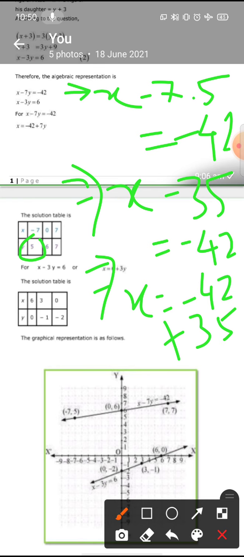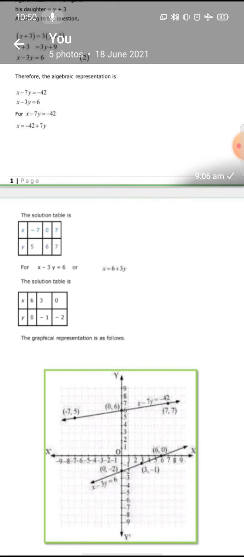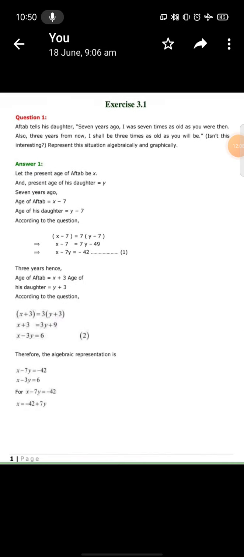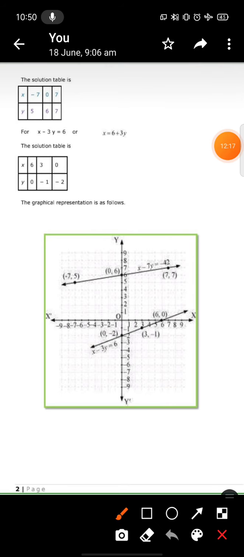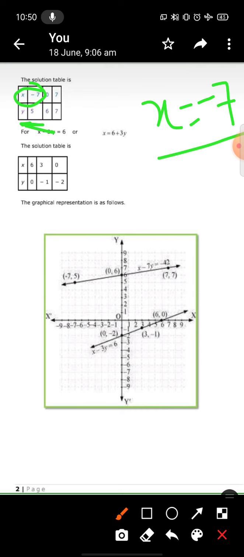Then the value of x is 42 minus 35, which equals 7. Okay, so the value of x is 7.